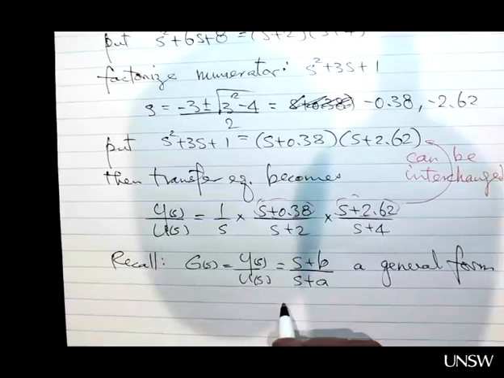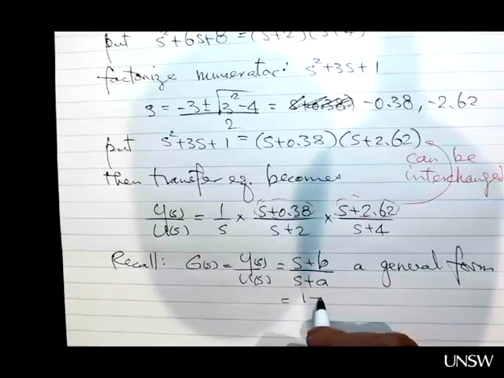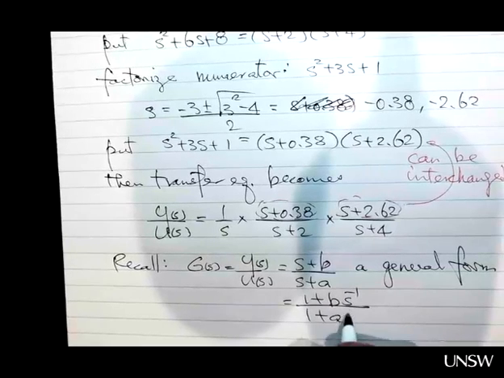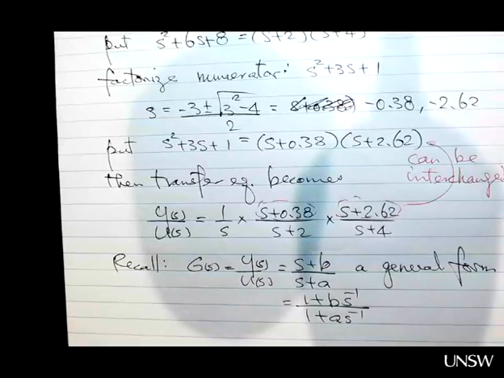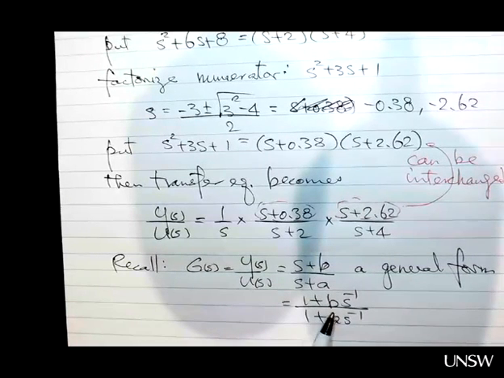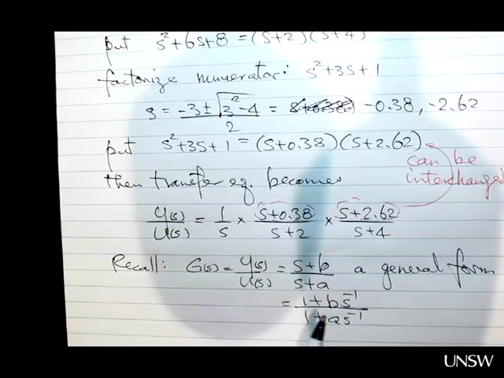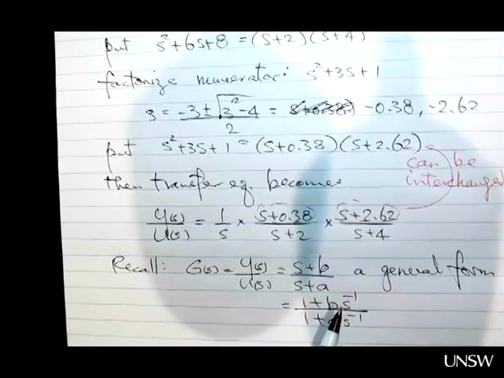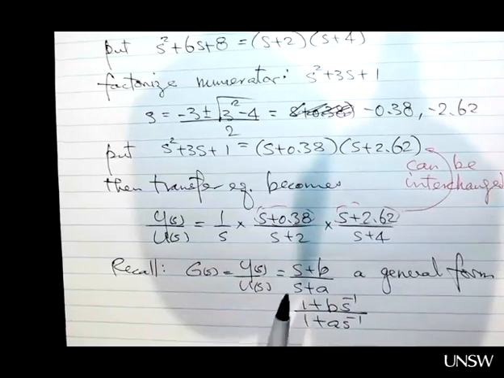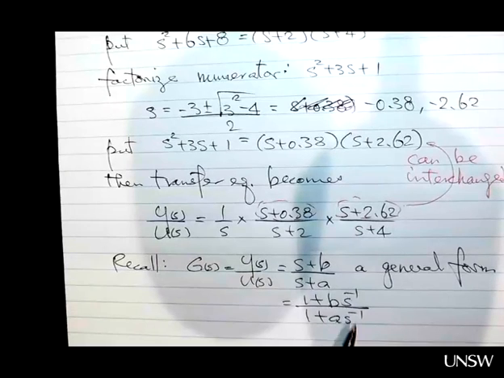So this one will be 1 plus b s to the power minus 1 over 1 plus a s to the power minus 1. So this form is very familiar to us. This form, s to the power minus 1 or minus 2 or minus 3, we just have the block diagram developed for these forms.